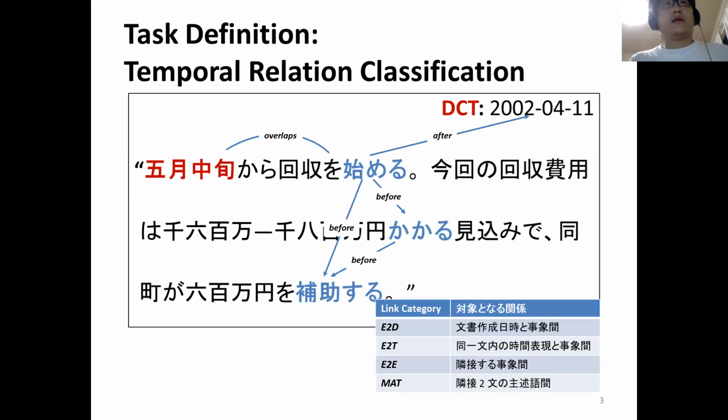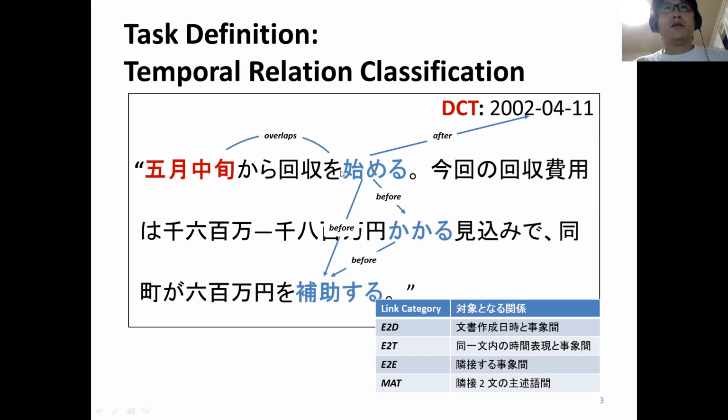So the first is the task definition of the temporal relation classification. So first, we assume we already have the mention in the text.